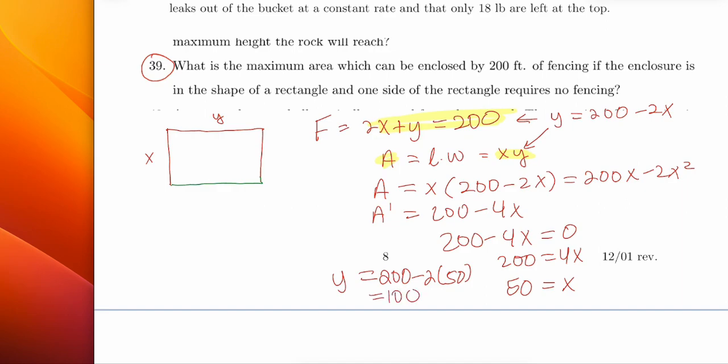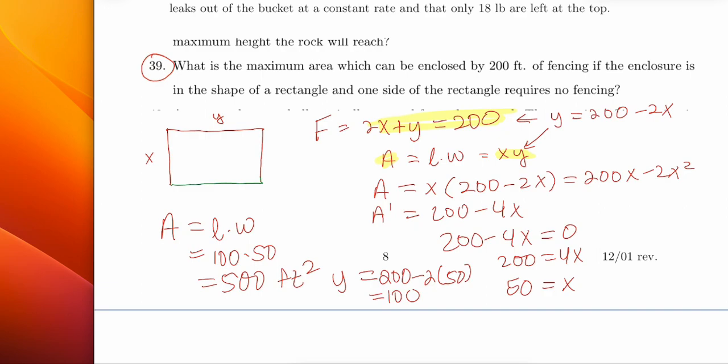So if they ask what dimensions will give us the maximum area, you would say the width would need to be 50 and the length would need to be 100. If they said, what is your maximum area? Remember, area is length times width, so it's 100 times 50, or 500 square feet. Okay?